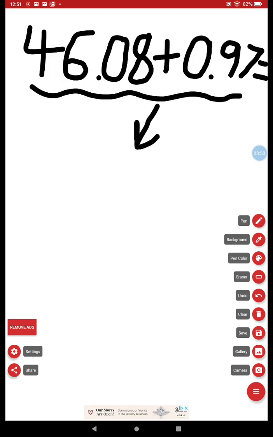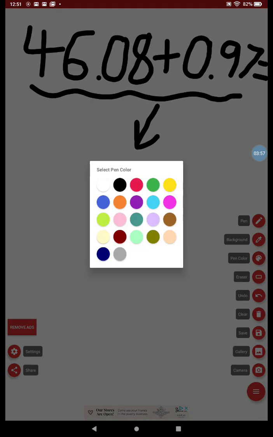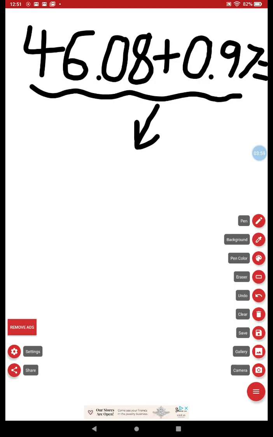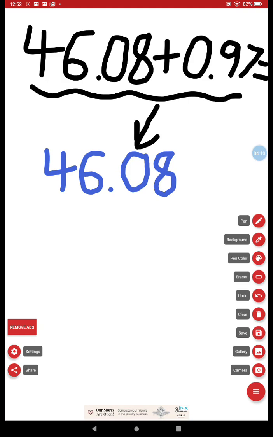So they're on top of each other. There's space on your worksheet to do that. If not, do it on scrap paper. Okay, I'm going to put 46 and 800ths on top. All right. Got my addition sign, got my equal sign.